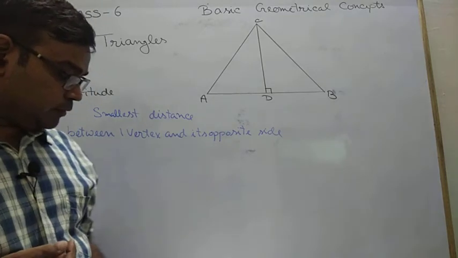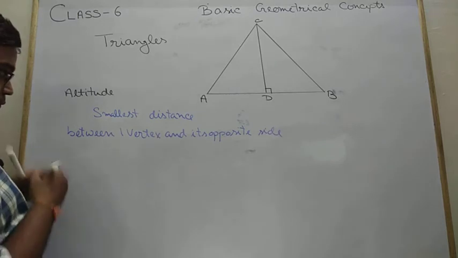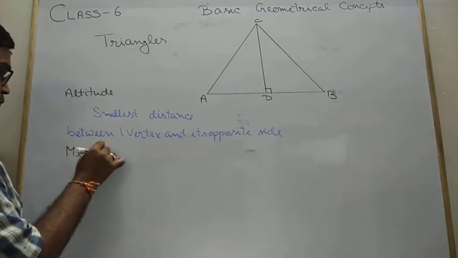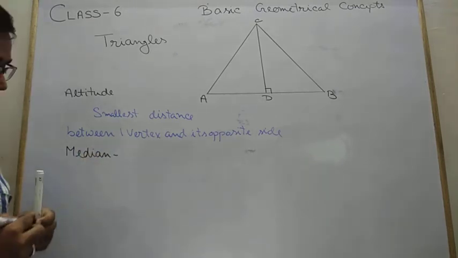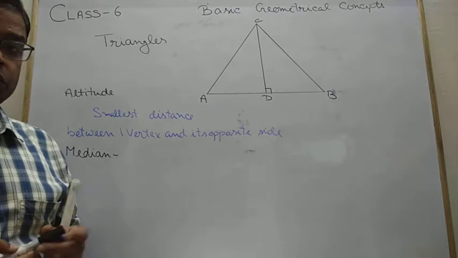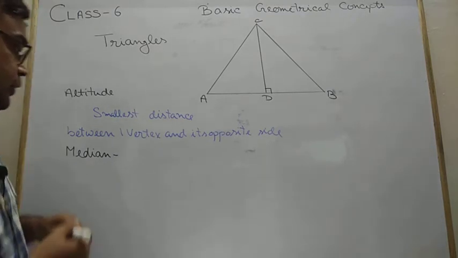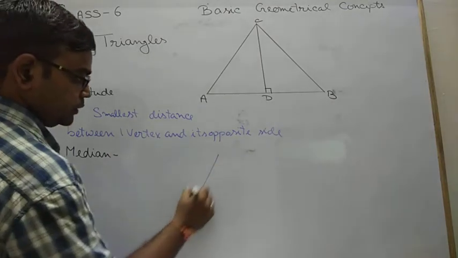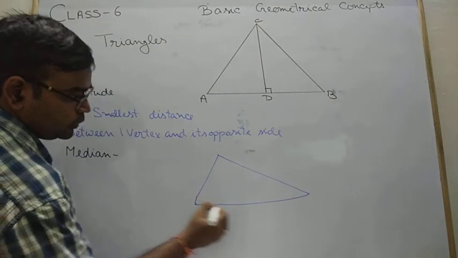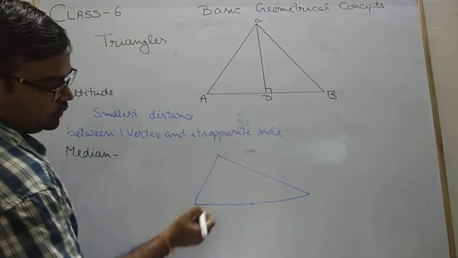Then there is a word median. Median means what? Median is the line segment joining the vertex and the middle of the opposite side. Now suppose this is your figure, and the middle of this side lies at this point.